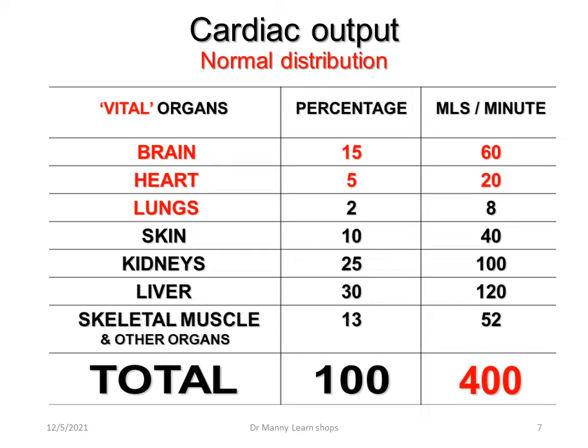The heart receives 20 mils per minute, that's 5%. The lungs, 2%, skin, 10%, kidneys, 25%, liver, 30%, skeletal muscles and other organs, 13%. In total, 100%, 400 mils per minute.